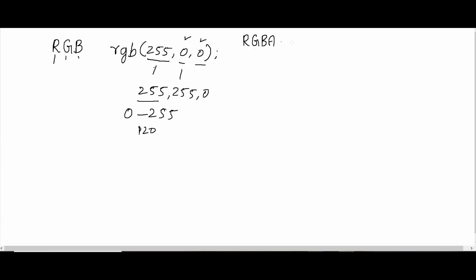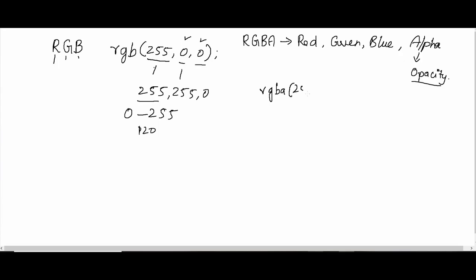RGBA. So this means red, green, blue and A is for alpha. Alpha means giving opacity. So we can give it like this. The example will be RGBA in brackets.